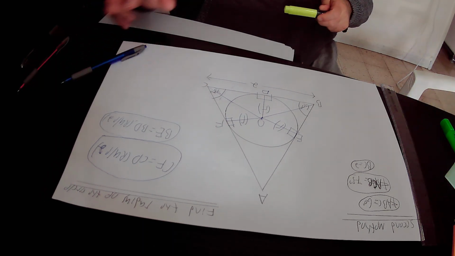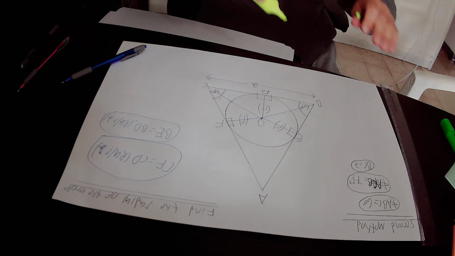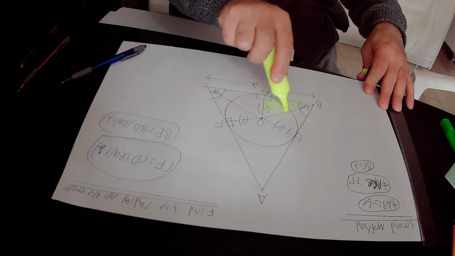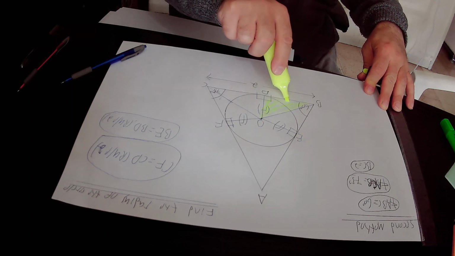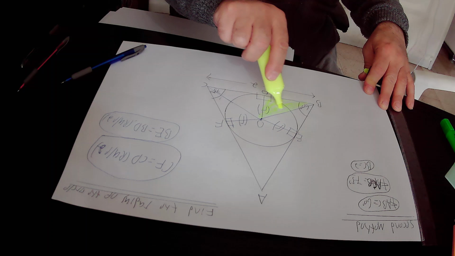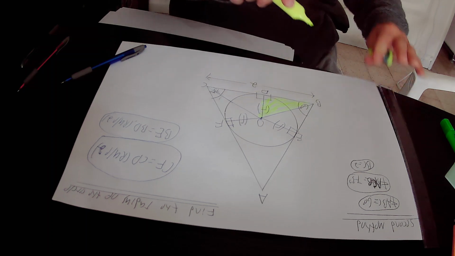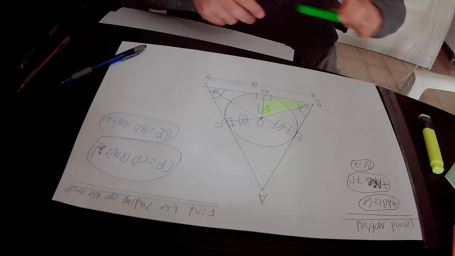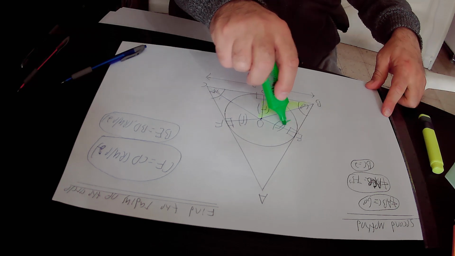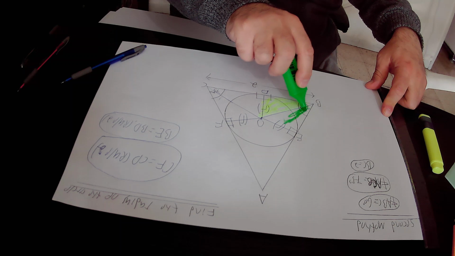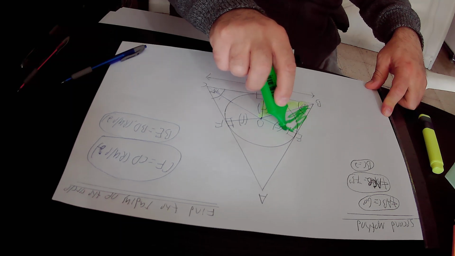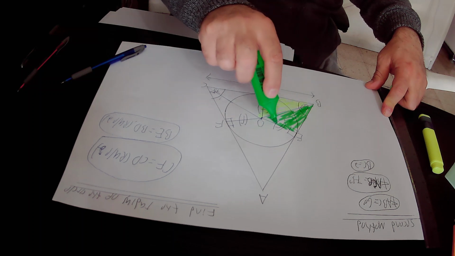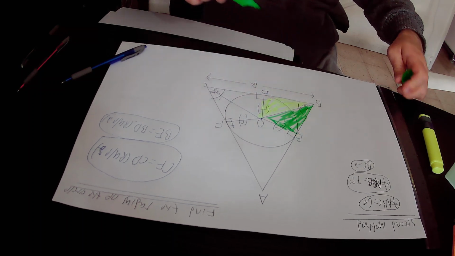And we'll prove that the yellow right triangle BOD is congruent to the green right triangle EOB. So I write it down.